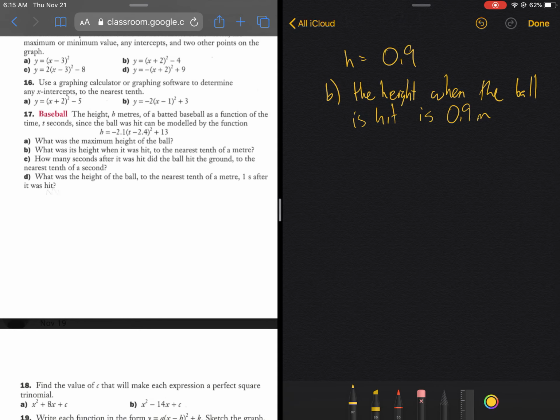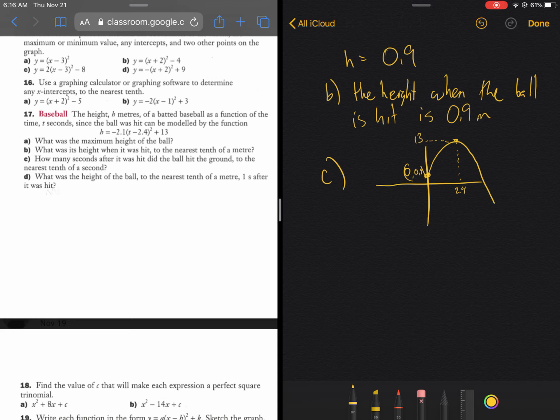C, how many seconds after it was hit did the ball hit the ground, to the nearest tenth? So we have something like, it goes up, comes down, and the top happens at 2.4 seconds. Here it starts at 0.9, and the height at the top is 13.